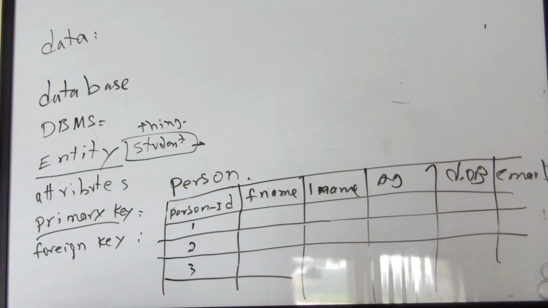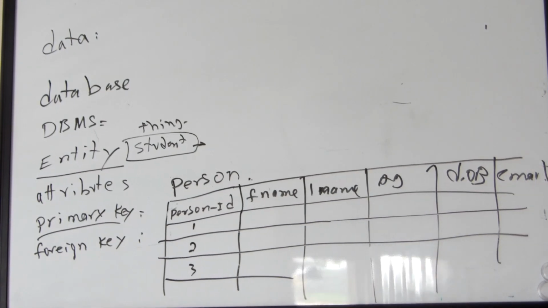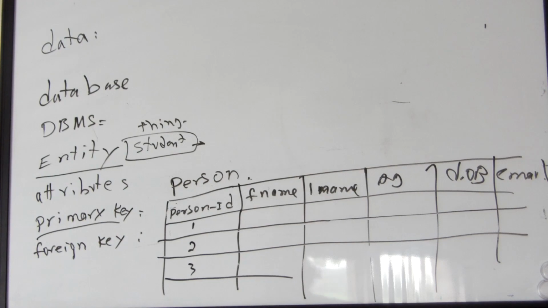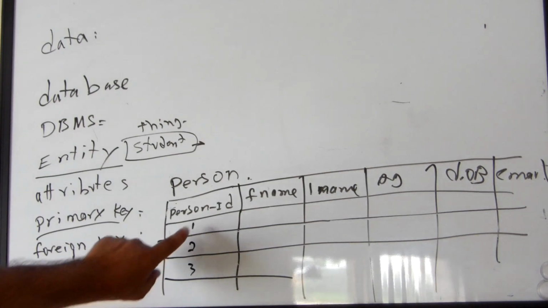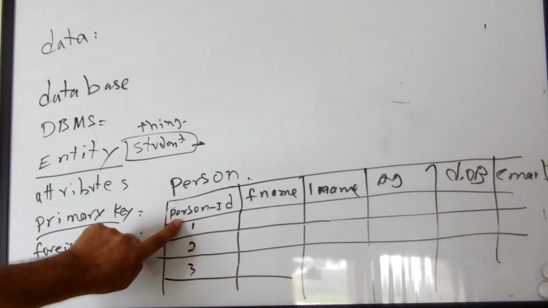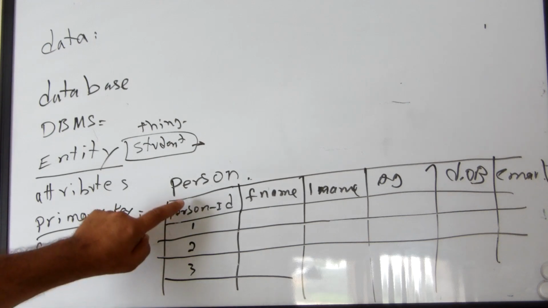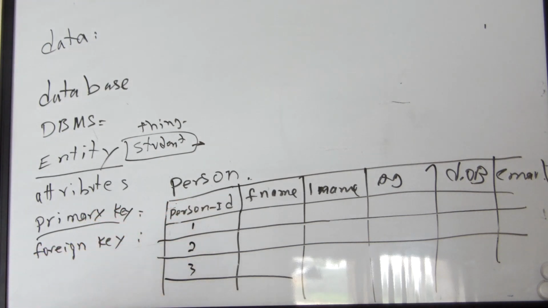You can find two persons with the same date of birth. So we say primary key for the person ID: 1, 2, 3, 4.